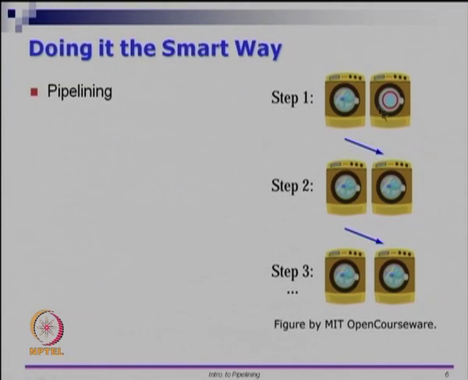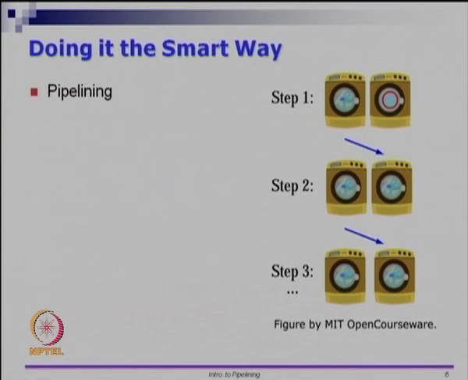Initially the dryer is not being used, you take the first load and put it inside for wash, and that takes 30 minutes. Whenever it is done, take it and put it in the dryer, and take the second load and put it in the washer, and whenever the dryer is ready and if the clothes are washed, you take the wash, put it in the dryer, take a new load and put it in the washer and so on. So, doing something like this is called pipelining.